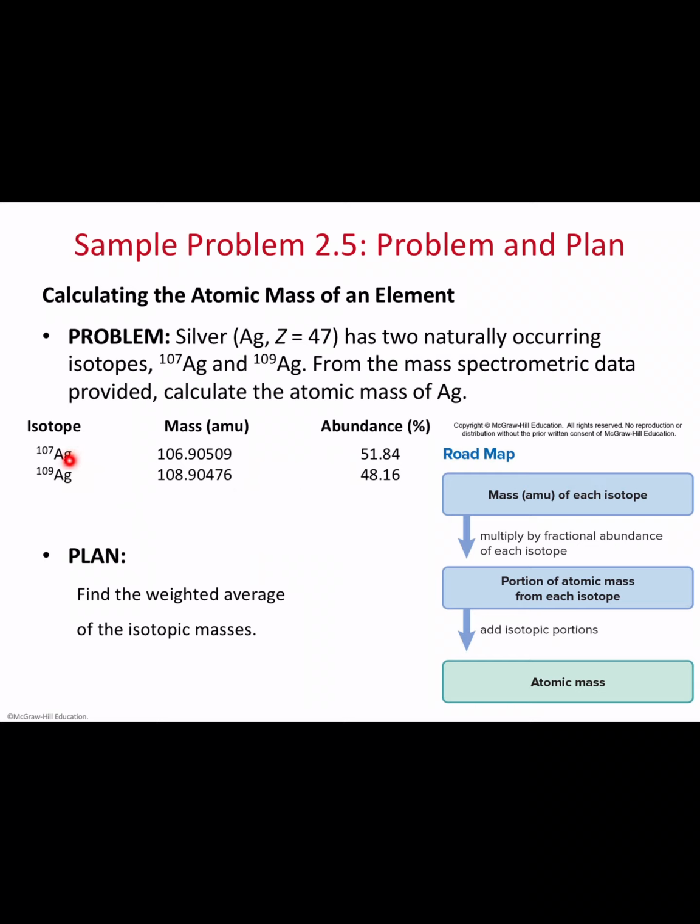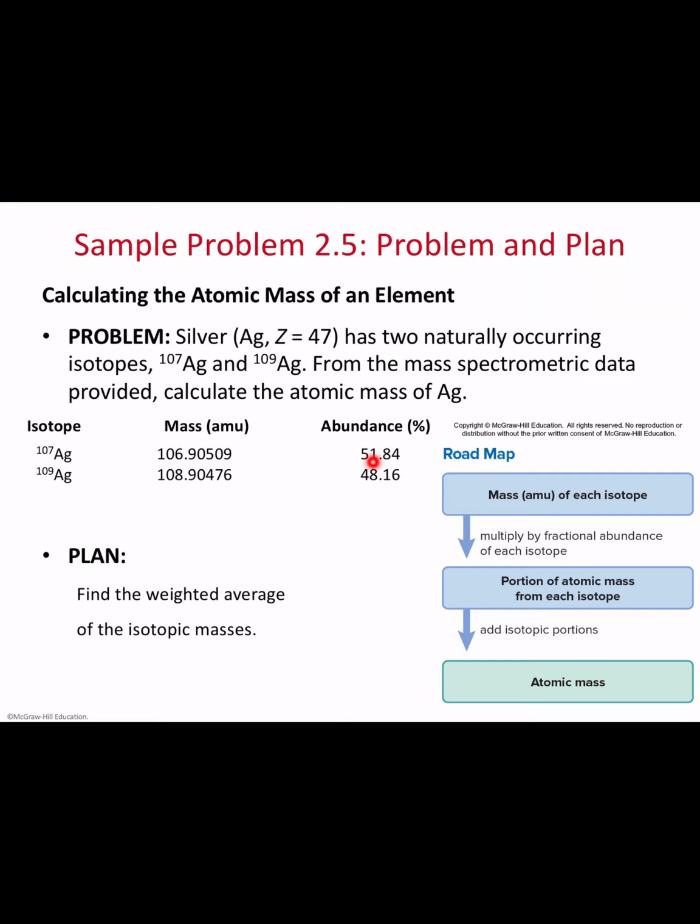If you take silver 107, one of the isotopes, its mass is given 106.90509, and out of this mass 51.84% is silver 107, and then silver 109 has mass 108.90476, and its abundance is 48.16%. So we are going to calculate the atomic mass of silver.